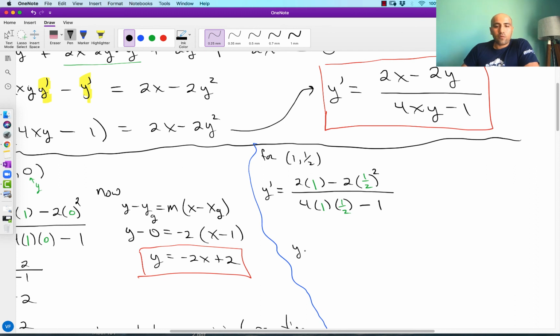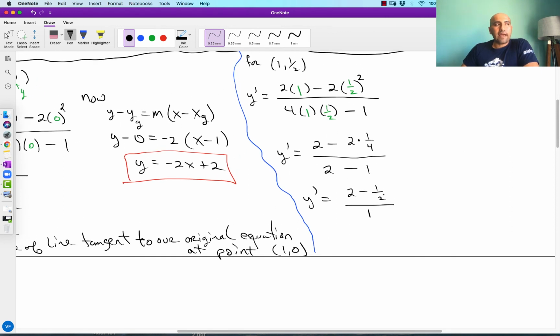So y prime is equal to 2 minus 2 times 1/4, divided by 4 times a half minus 1. 2 divided by 4 is a half, so that simplifies a little bit there. And then 4 times a half, well, that's just 2, and 2 minus 1 is just going to be 1. So y prime is equal to 2 minus 1/2 divided by 1.